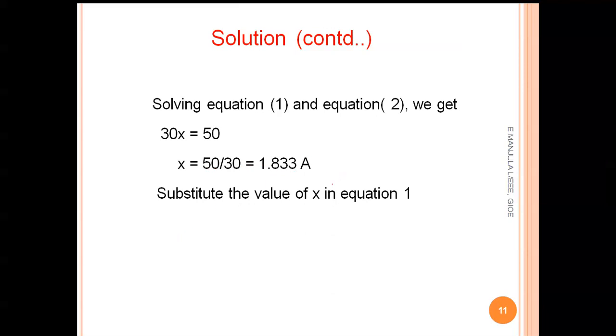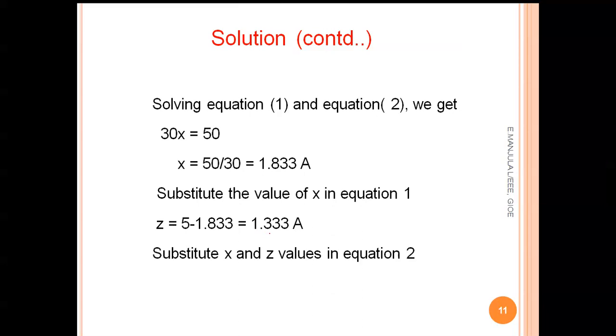And substituting the value of x in equation 1, you will get z is equal to 5 minus 1.833, which is equal to 1.333 amps. So z is equal to 1.333 amps. Then substitute x and z values in equation 2.